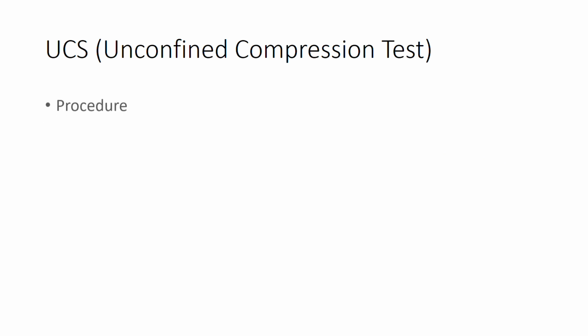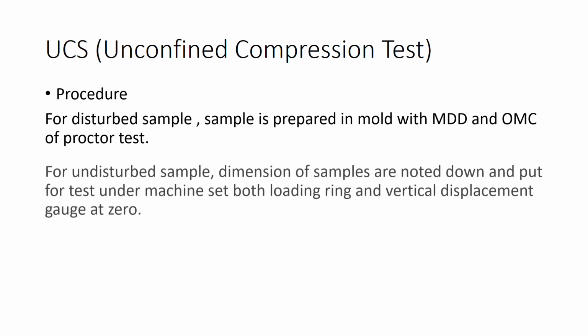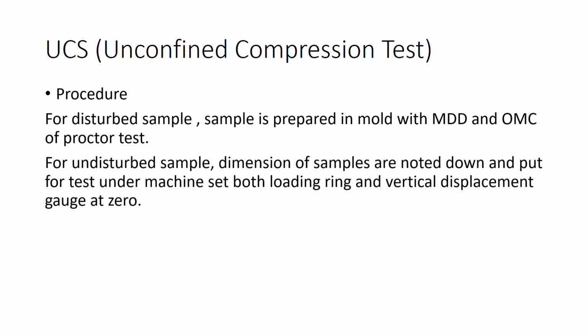For the procedure, for a disturbed sample you need to prepare the sample according to the MDD and OMC achieved from the Proctor's test, in both disturbed and undisturbed samples. First of all, note down the diameter and length of the sample. Then put the sample into the UCS machine.